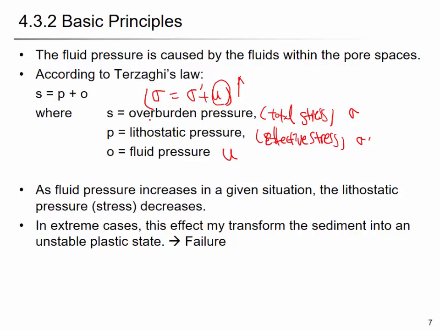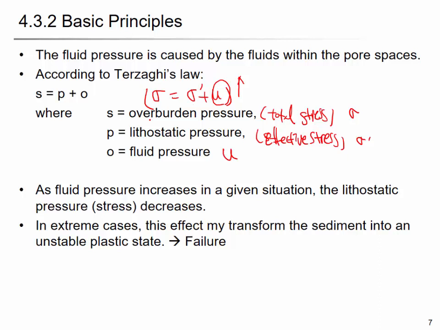I think theoretically we can measure it if you have a very large plate. But people usually estimate and calculate the overburden stress by what? By the density. You have a density profile, then you multiply by the depth and the gravitational acceleration, and you can get the overburden pressure.